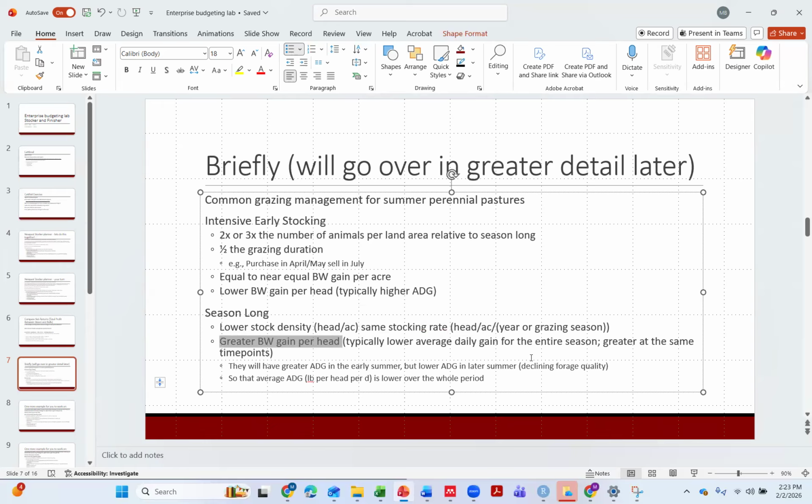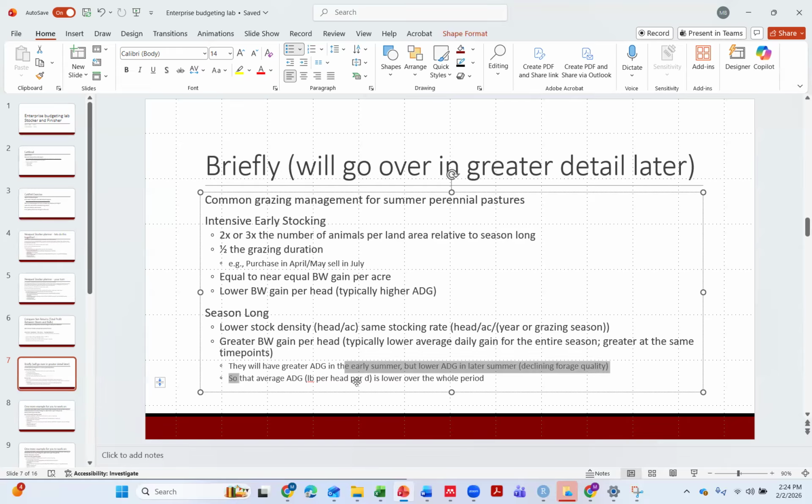However, typically you're going to have a lower average daily gain over the entire season. It's going to be greater at some time points and less at other time points. In season long stocking, you'll see greater average daily gain in the early season and then lower average daily gain in the later season, as those animals get heavier, but also as that forage matures and becomes less digestible.